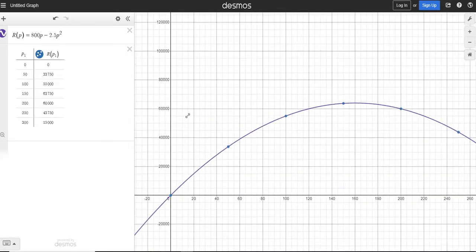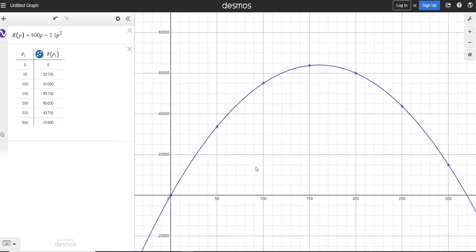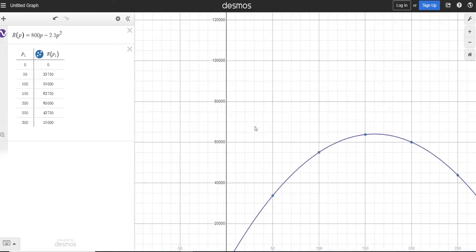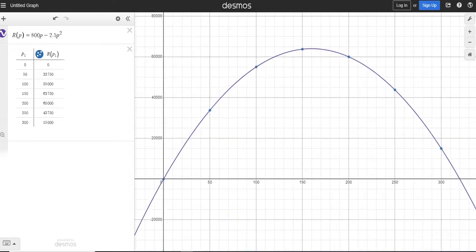There we go. I'm going to turn off the individual points so they're not distracting me, and now I can look for the vertex. Looks like it's $160, right? The vertex was (160, 64,000).